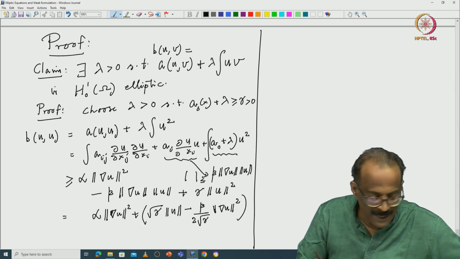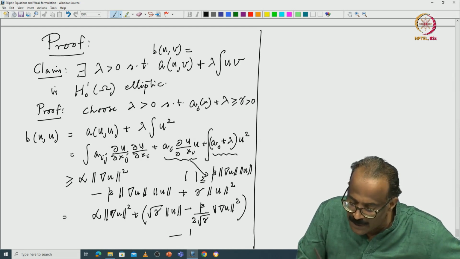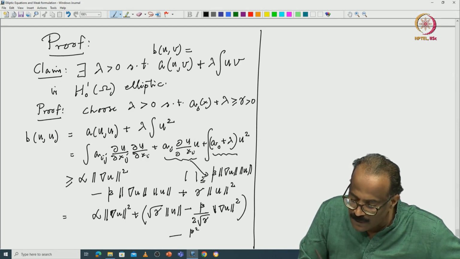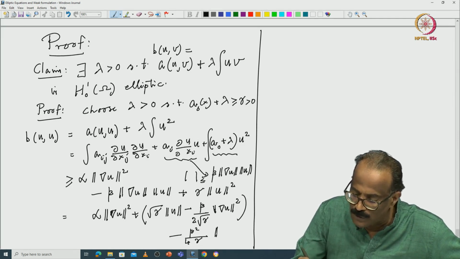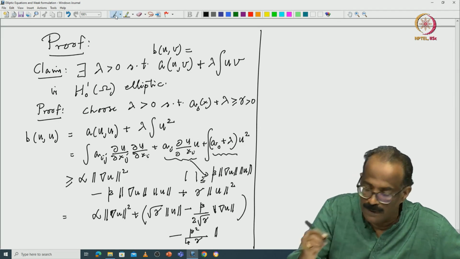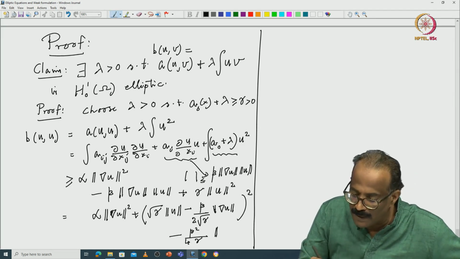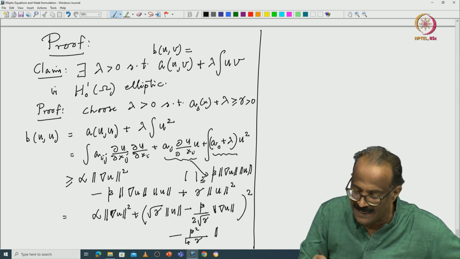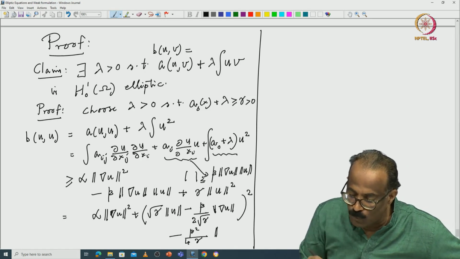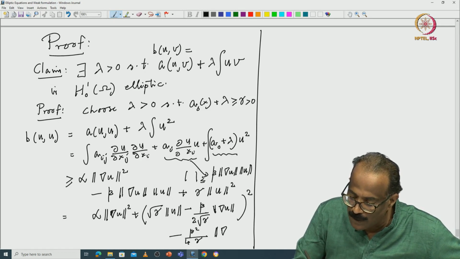Then you will get a positive quantity that has to be removed, beta square by 4 gamma into norm of grad u square. This takes care of the second and third term, and then you have to remove that term, norm of grad u square.